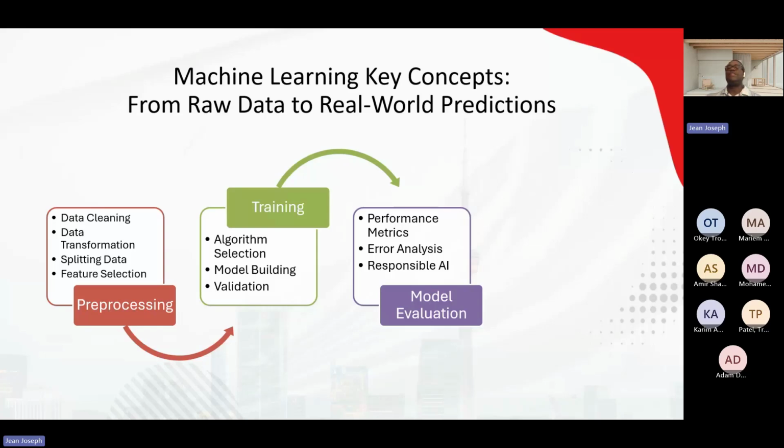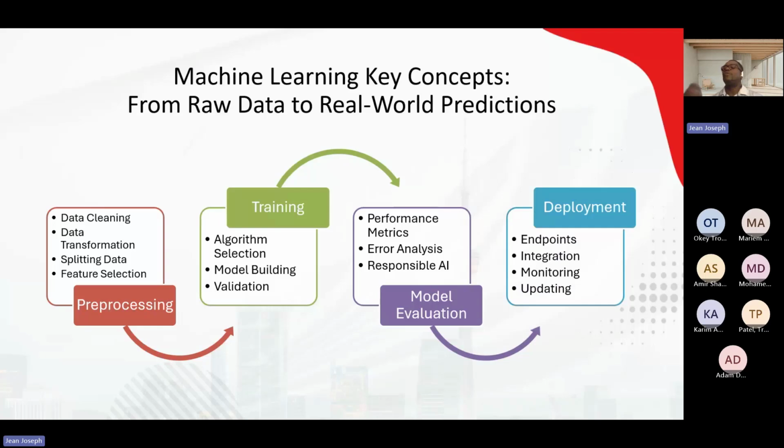So you can see the evaluation step helps assess how well the model generalizes to unseen data and whether it's ready for deployment. So consider now you are done with the evaluation and it meets your expectations. Your next step is deployment.